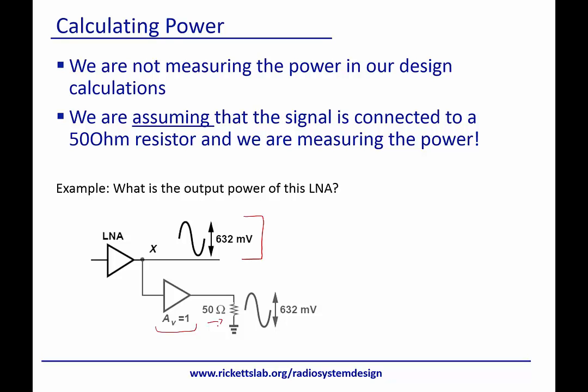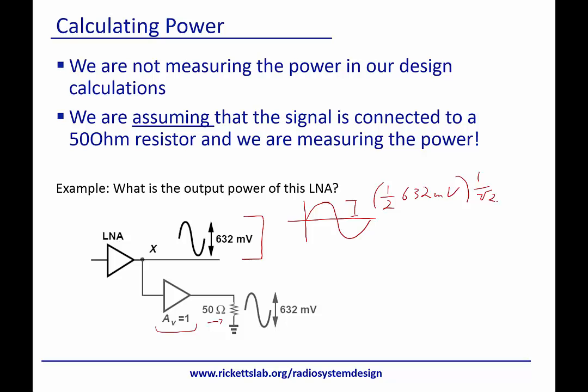Let's look at this real quick. We've got 632 millivolts. This is 1/2 of 632 millivolts, but that's the peak. Do you remember what the RMS is? The RMS is 1 over the square root of 2 of that.